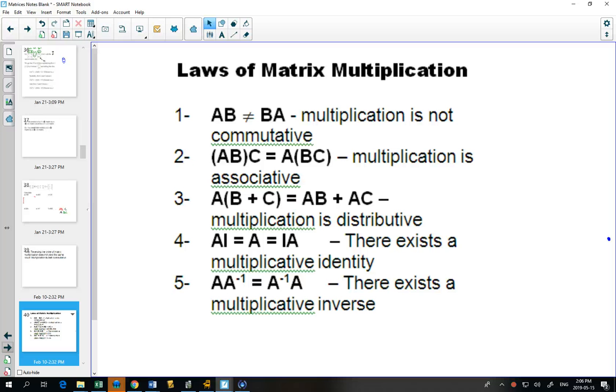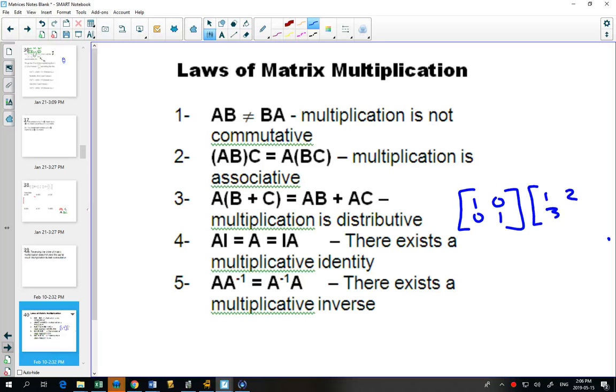And we talked about the identity matrix, that there's something in identities that's like multiplying by 1. Those were all those 1s on the diagonals with 0s everywhere else. In fact, here's one of those. 1, 2, 3, 4.